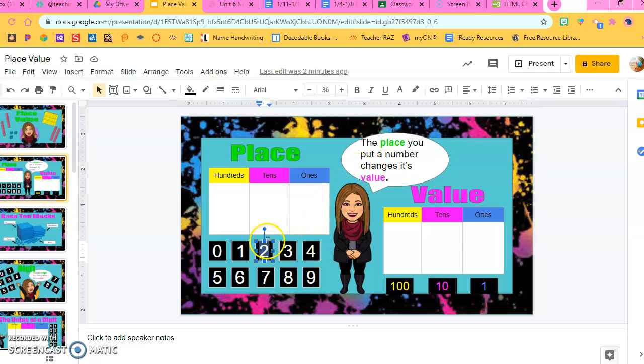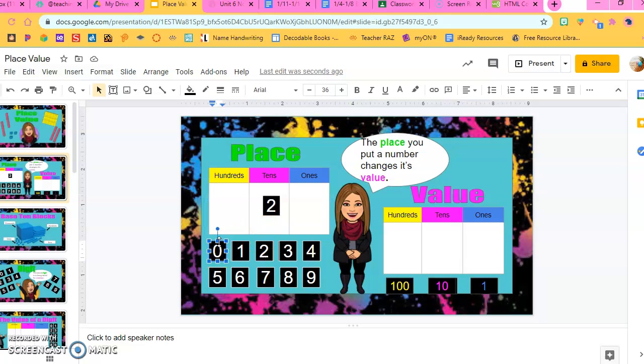So if I grab this 2 and I put it here in the ones, that means that I have 2 ones. So that would be like I have 2 pencils. But if I grab this 2 and I bring it over here to the tens, that means that there's a 2 in the tens. How many are in the ones? 0, right?